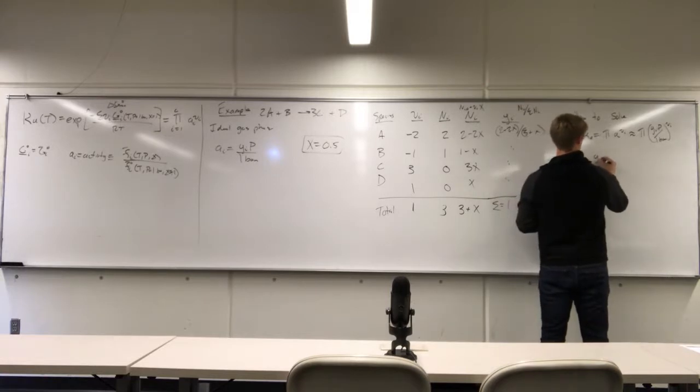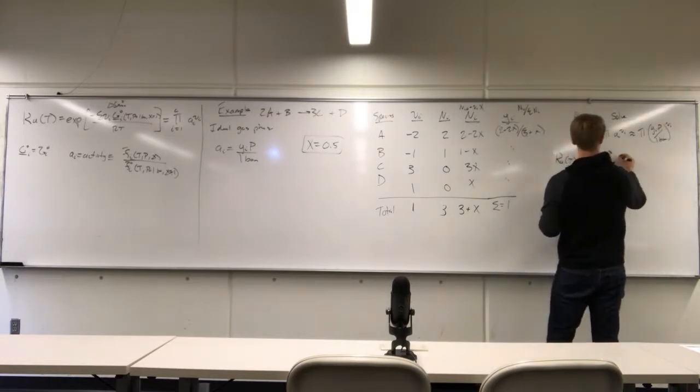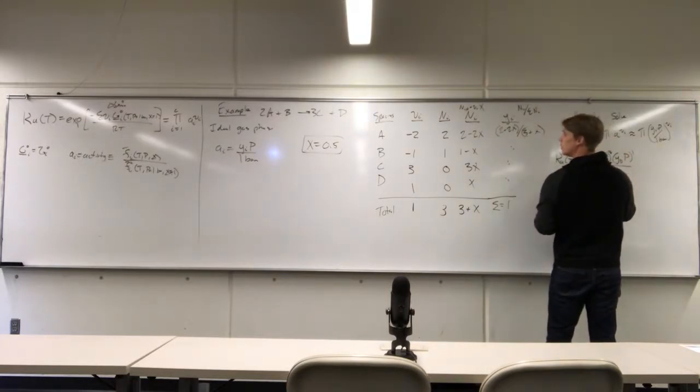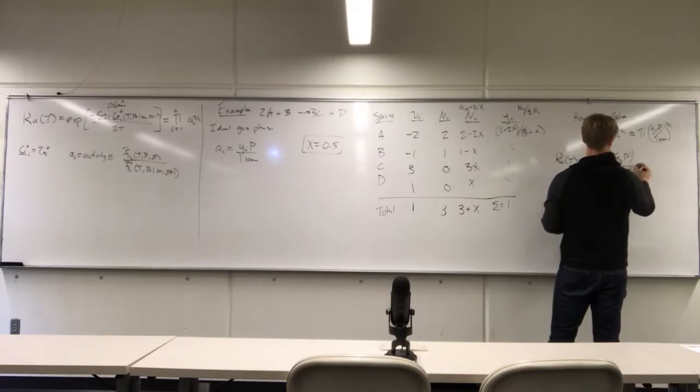So we have y of C times pressure cubed, y of D times pressure to the power 1, y of A times the pressure squared, y of B times the pressure raised to the power of 1.